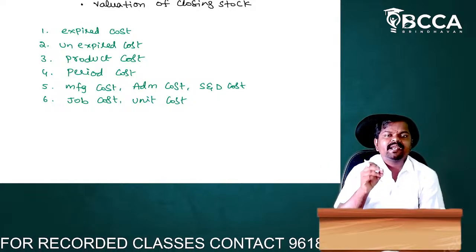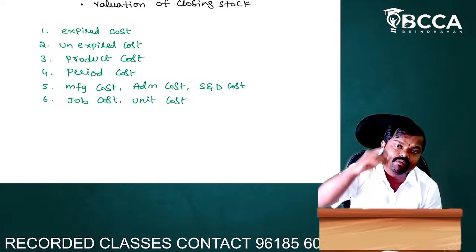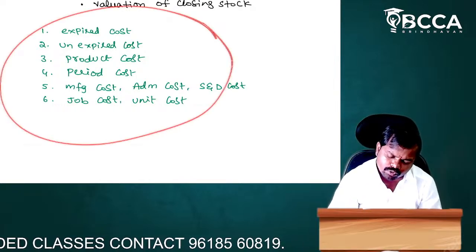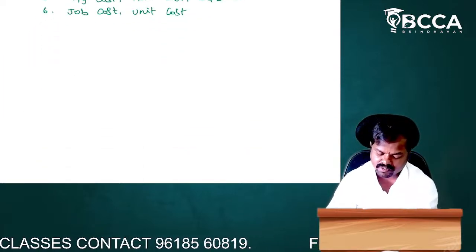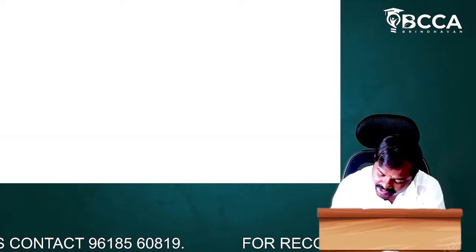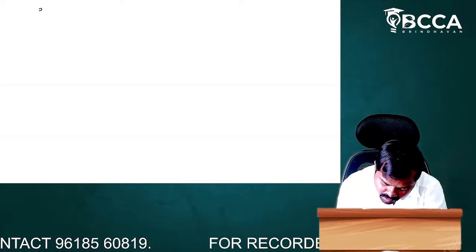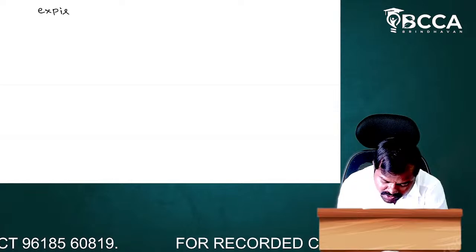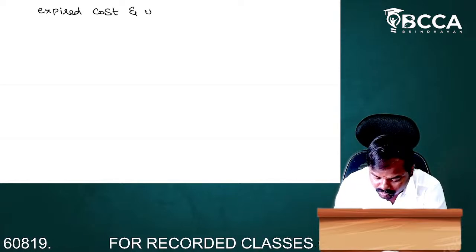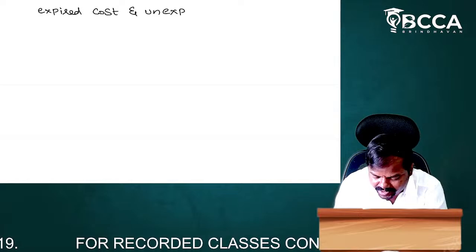Some ledger balances will be closed down in the year itself. That is the reason we have to study these concepts. Clear? So first we will discuss the concept of expired cost, unexpired cost.